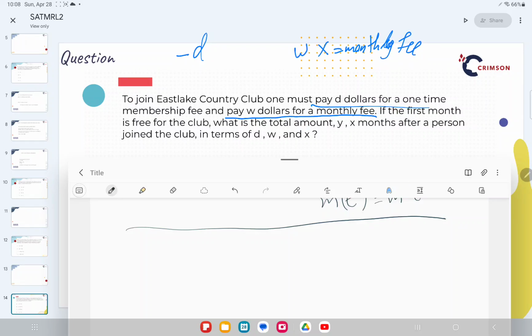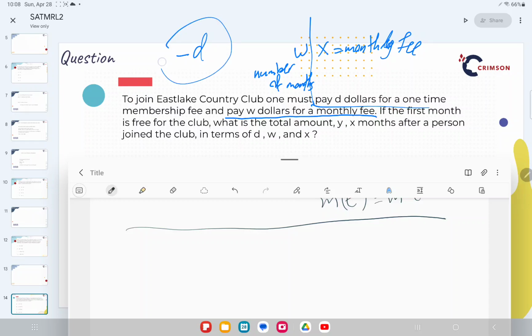Now, WX, where X is the number of months and W is how much each payment is.